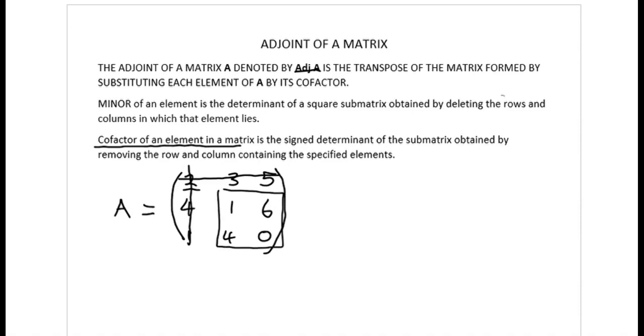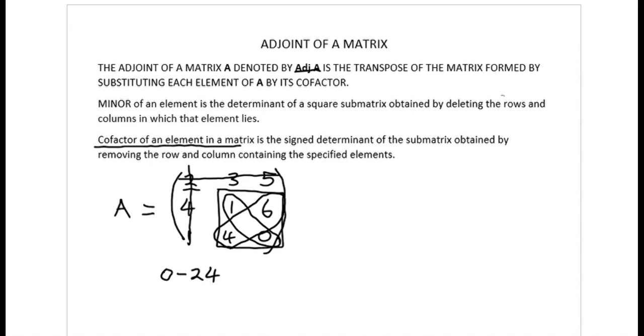I take the determinant of this submatrix by multiplying the elements in the diagonal: 1 times 0 is 0, minus the product of the elements in the second diagonal, 6 times 4 is 24.